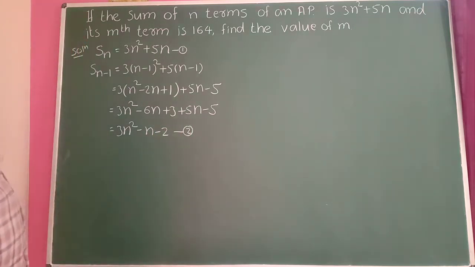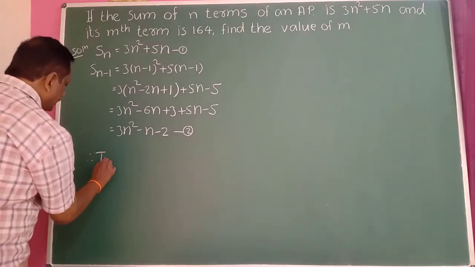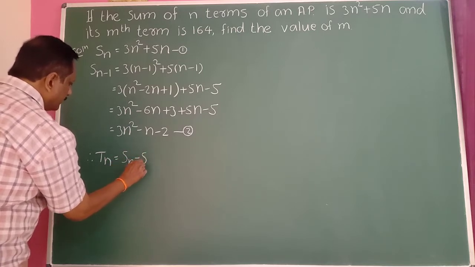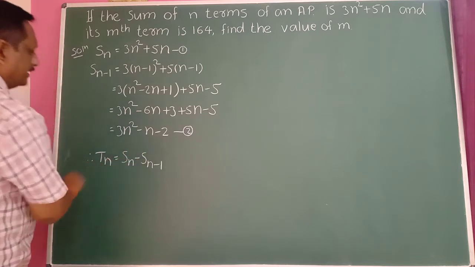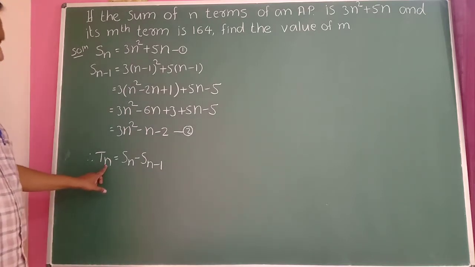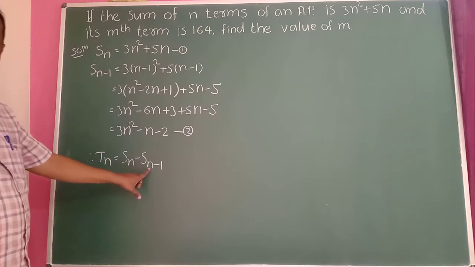Therefore, Tn is equal to Sn minus S of n minus 1. This is a formula, just remember that: the nth term is given by the sum to n terms minus the sum to n minus 1 terms.